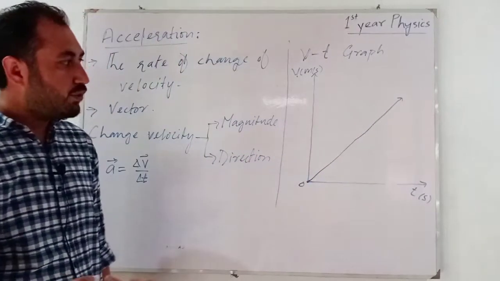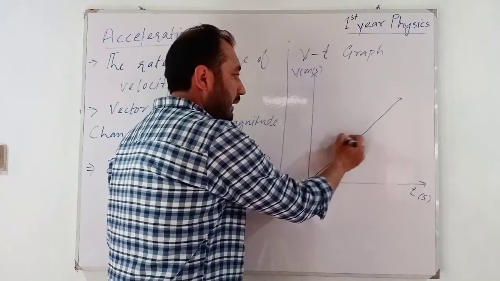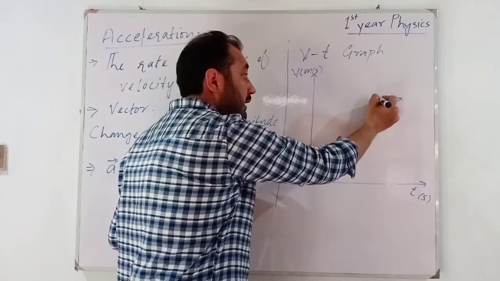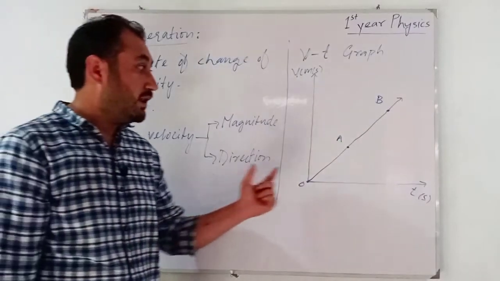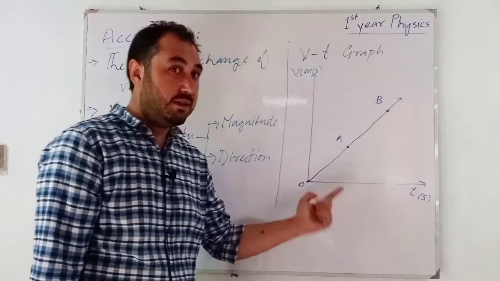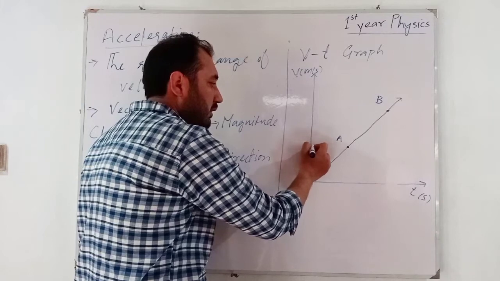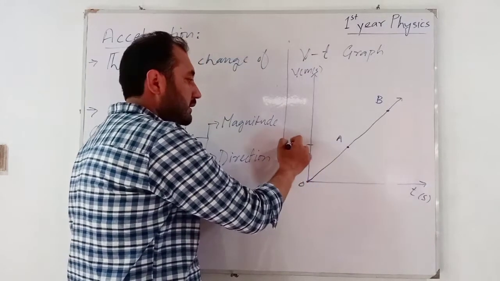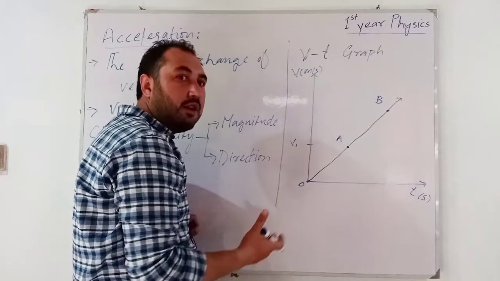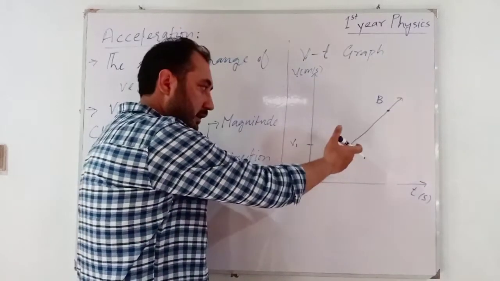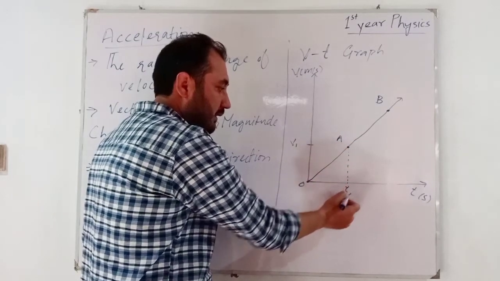So let us take 2 points. Let's say this is point A, and here we have another point B. We are interested in finding the acceleration of the object between these 2 points. Point A corresponds to some value of velocity, let's call it V1, at time t1.